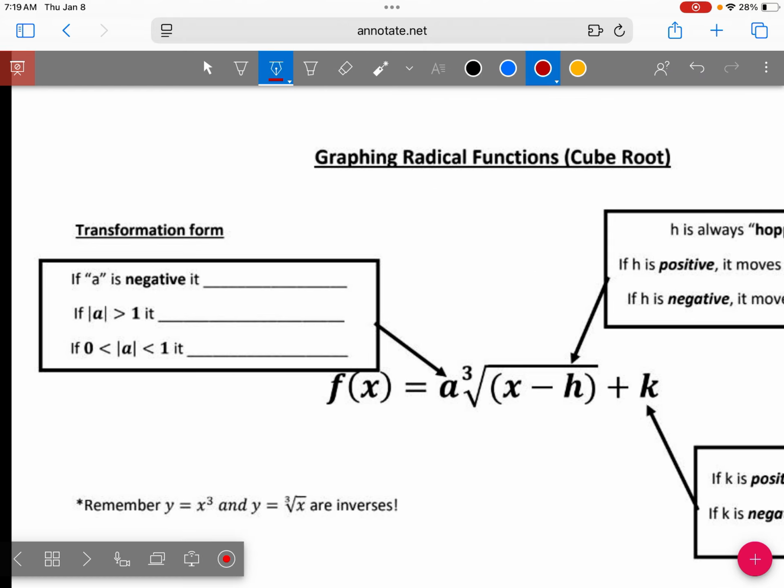If a is negative, a is still in front, we're going to flip it or reflect it. That's what happens when a is negative. Okay, and this is a. If it's greater than 1, it's going to stretch. And if it's between 0 and 1, it's going to compress.